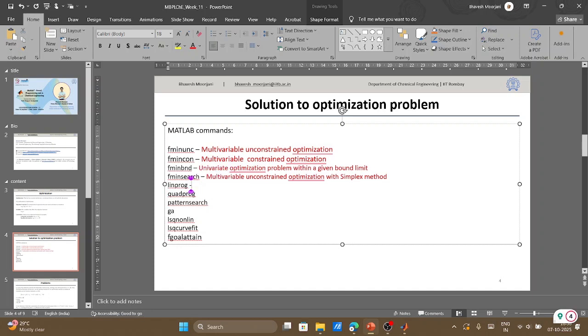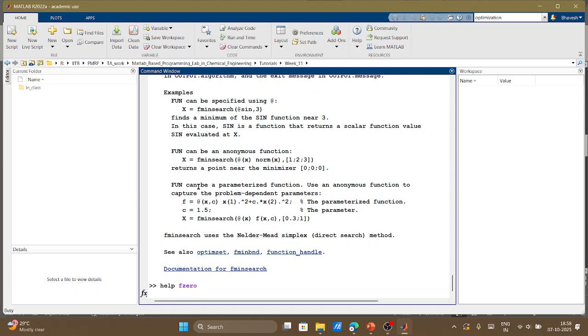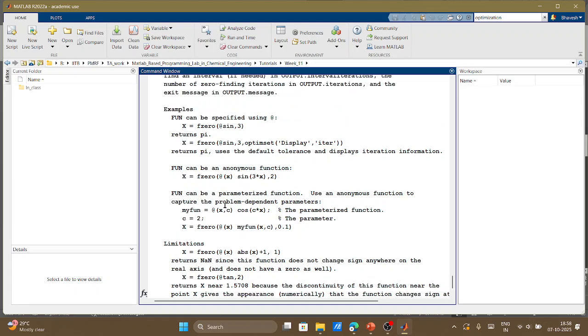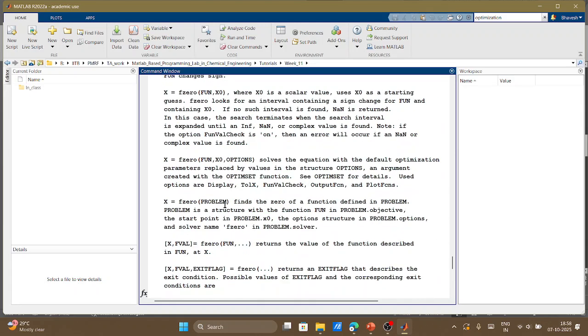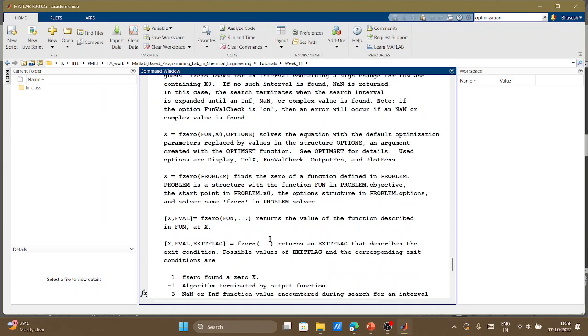Then you have linprog. So if I search help, see there is this fzero command also and fsolve command. These are also kind of optimization problem solvers, but we don't consider them as an optimization part, but again you can categorize them in the optimization category.